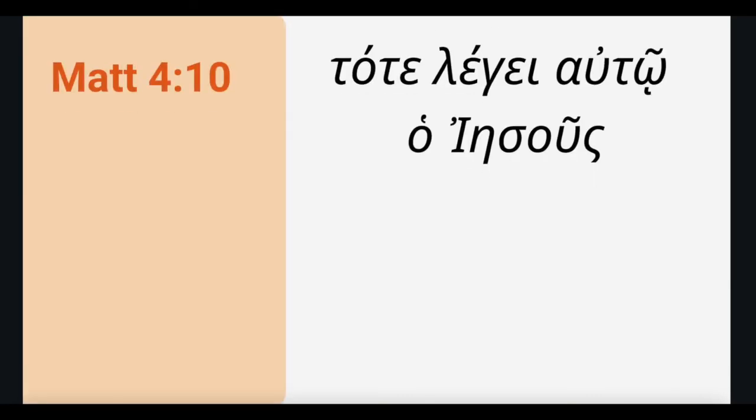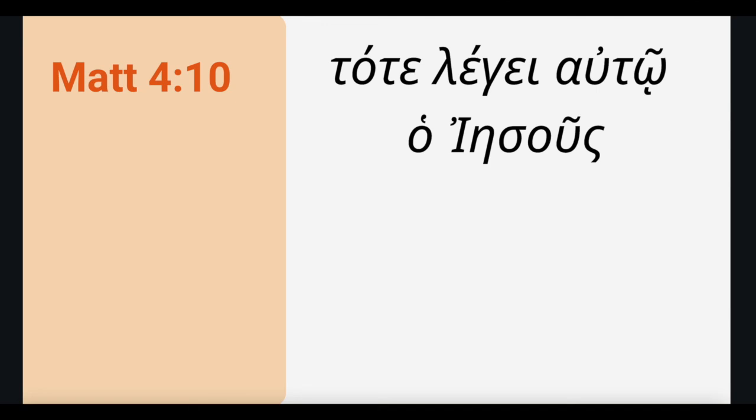We see a similar example in Matthew 4:10, where it says, tote lege auto ha Jesus. Now, tote means then, lege means he says, auto means to him, and the subject is ha Jesus, which, if you want to translate it in a wooden fashion, it means the Jesus.